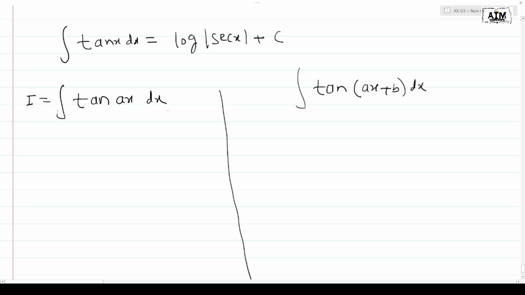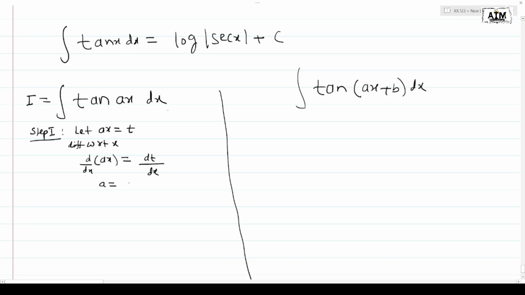Call it I. Then step 1, let ax equal t. Now differentiating with respect to x, differentiation of ax with respect to x equals dt by dx.